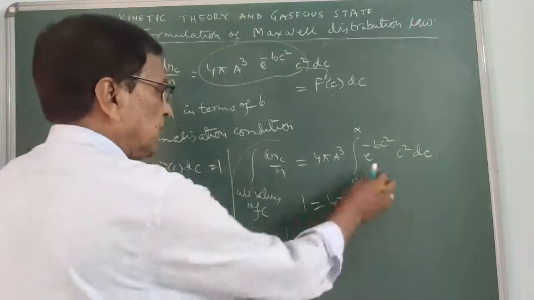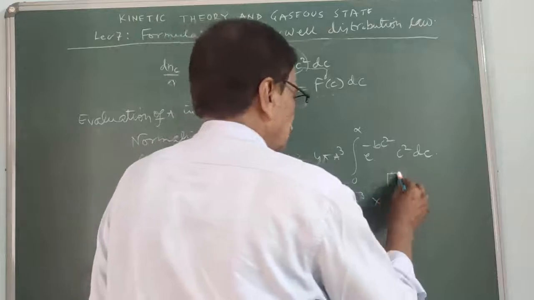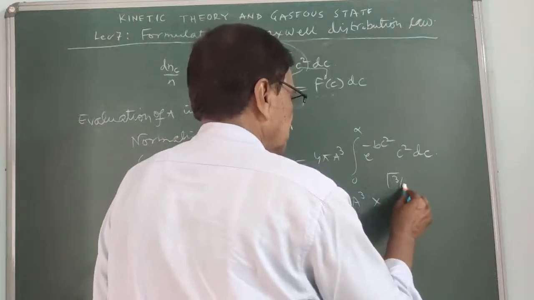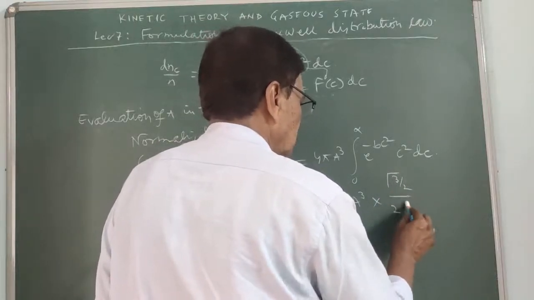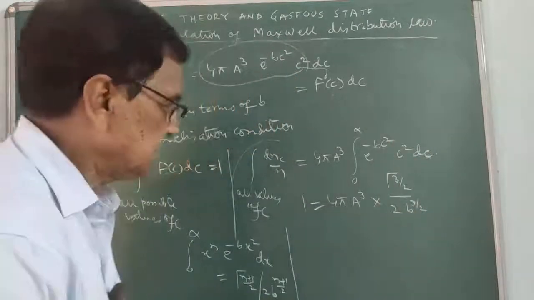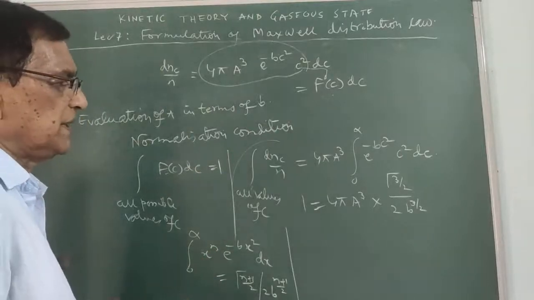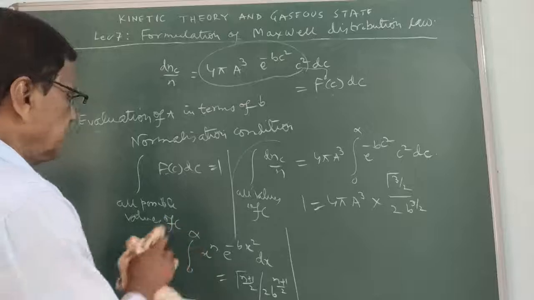So here n equals 2. So it will be gamma 3 by 2 divided by 2 b to the power 3 by 2. These are standard integrals, and they can be done by means of the gamma function very easily.